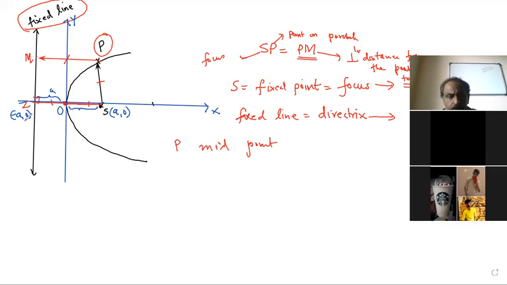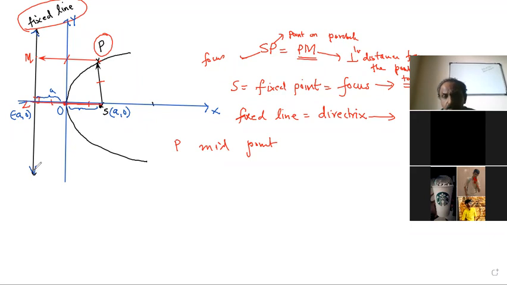In that case, tell me what is the equation of the directrix? It is a line parallel to the y-axis.